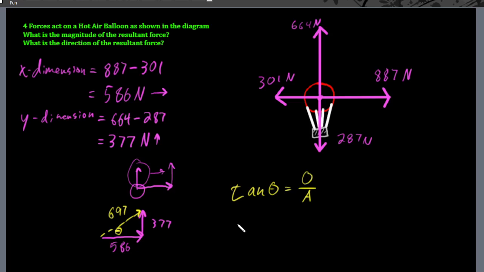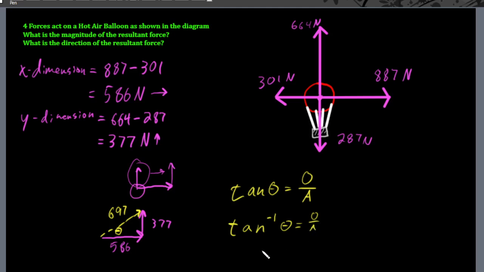It turns out that if we take the inverse tangent, or tan^-1, of this number, that will give us the angle.